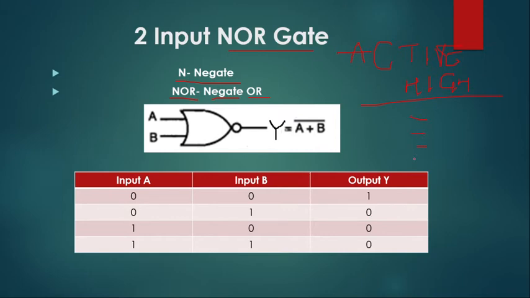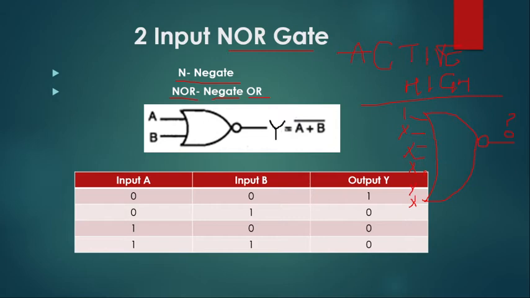Suppose for your competitive exam or anywhere you have a NOR gate with 100 inputs, or many multiple inputs, and you want to know the output. If any one of the inputs is 1, then you should not care about the other inputs. For your GATE exam point of view, these concepts are very important.